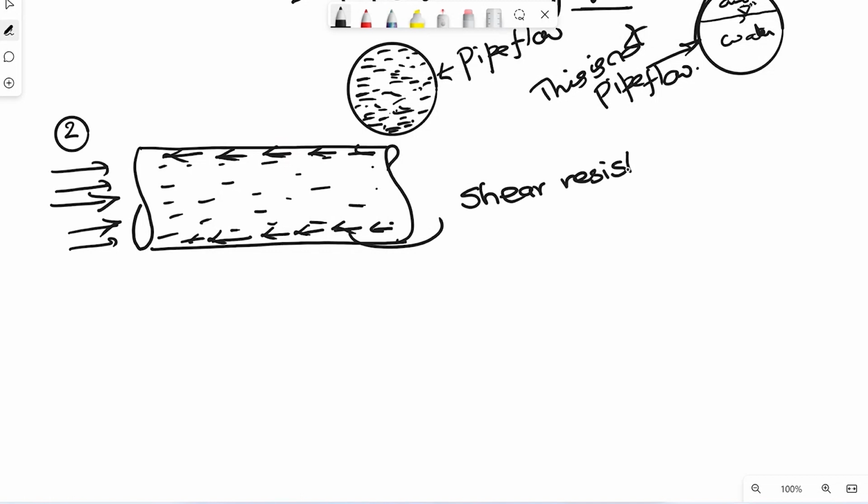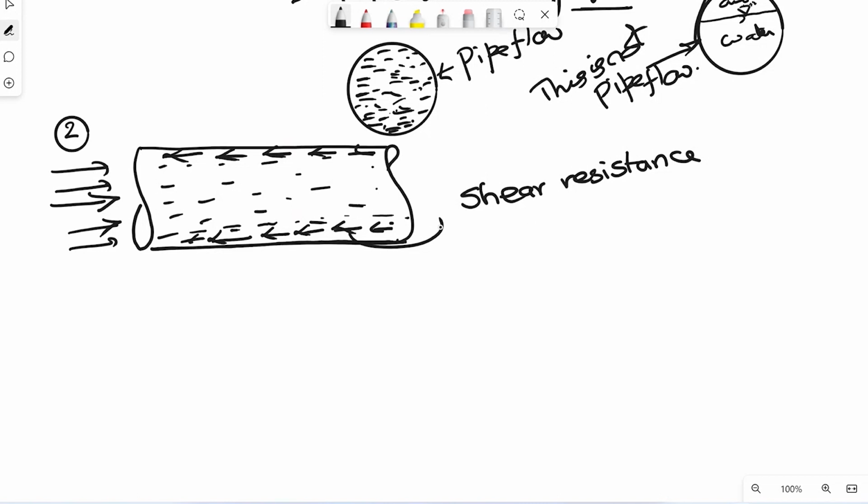That means the flow through the pipe is subjected to resistance, and this resistance is called shear resistance. Why shear resistance? Because the flow is taking place with some velocity, whereas the boundary is at zero velocity.